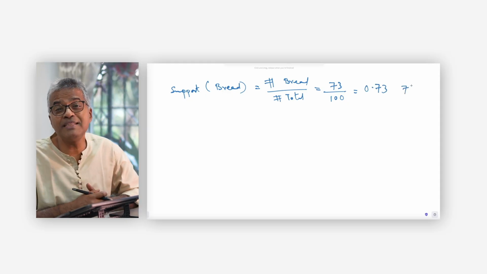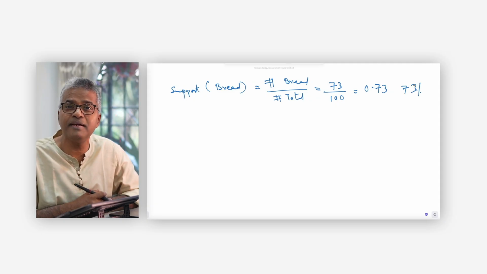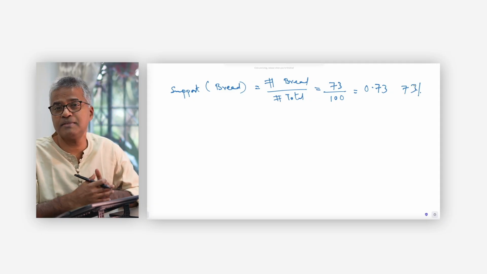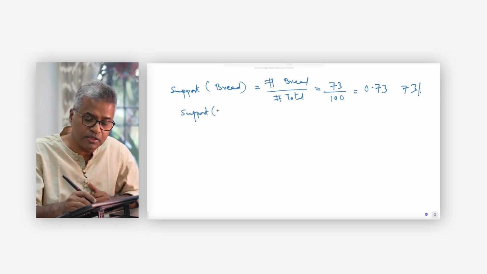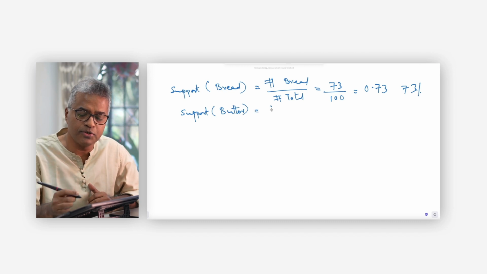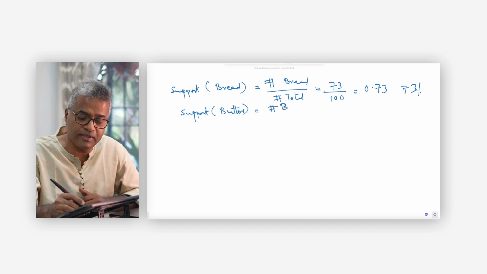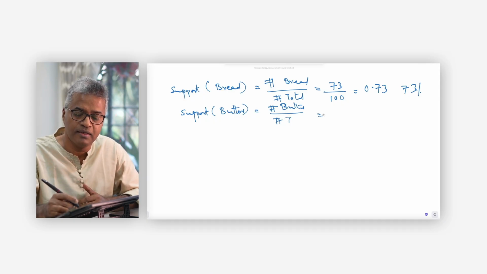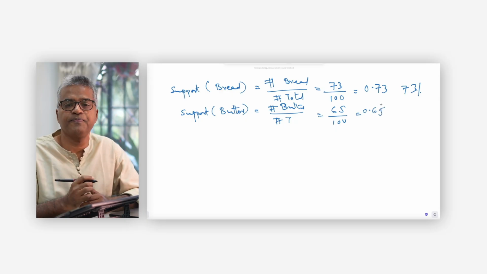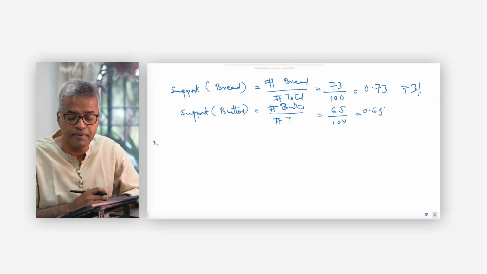That means 73% of the total baskets contained bread. That means bread is a fast moving item in that shop. Similarly, support for butter is equal to 65, the number of baskets with butter, divided by the total 100, therefore 0.65 is the support of the butter.